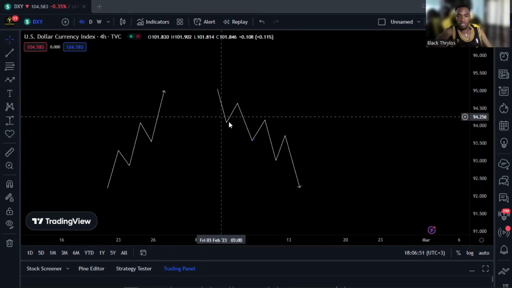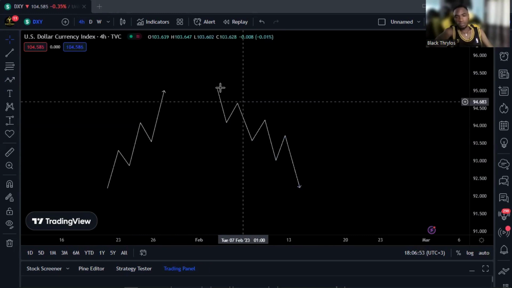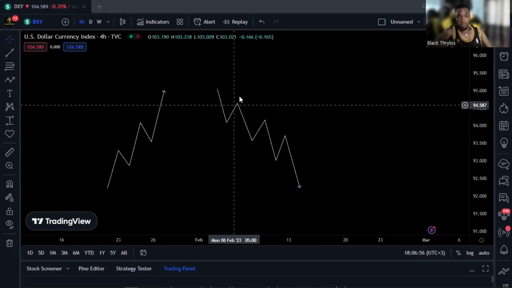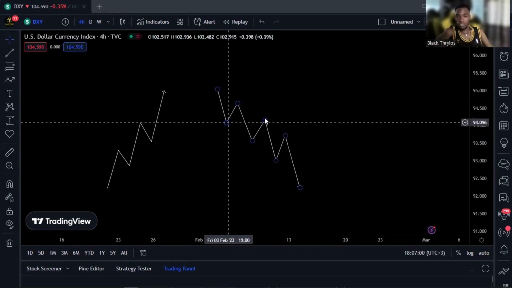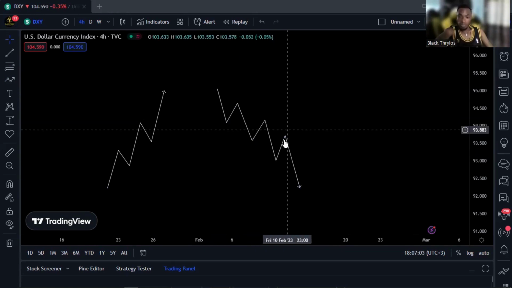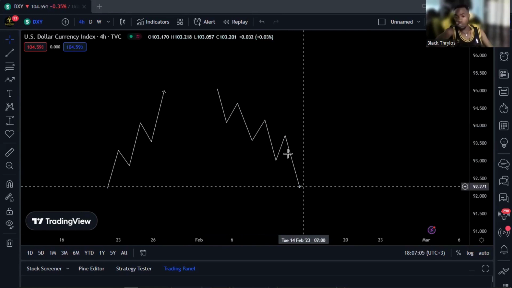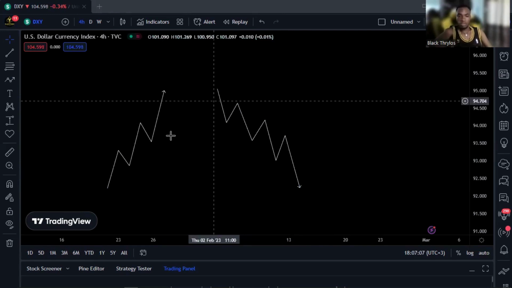Meaning prices are creating lows, a lower high, a lower low, because it's lower than the previous low, a lower high again, and so on and so forth. This is a bearish market.